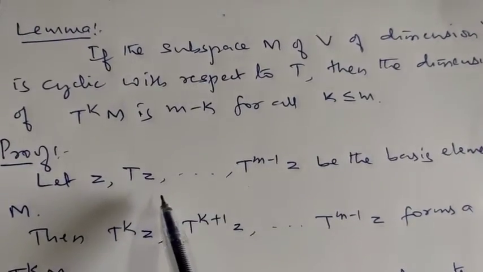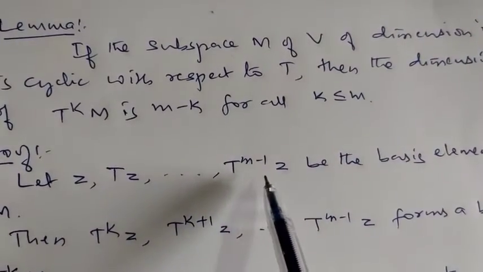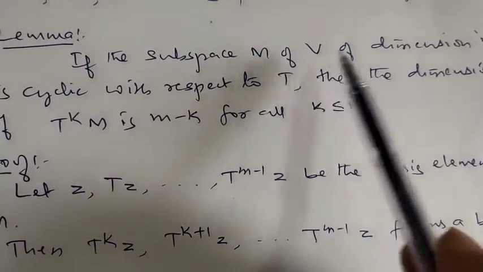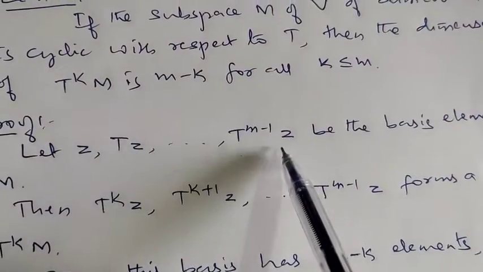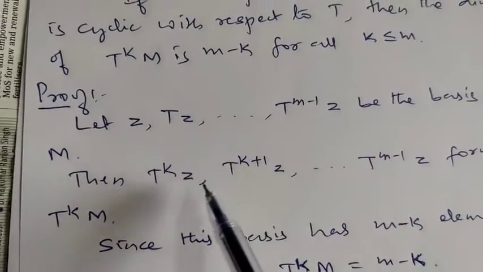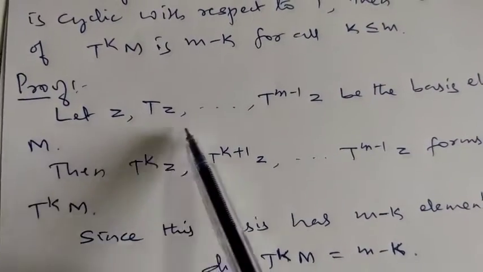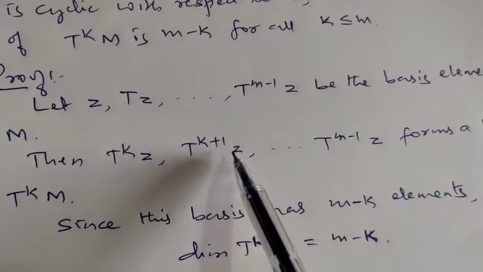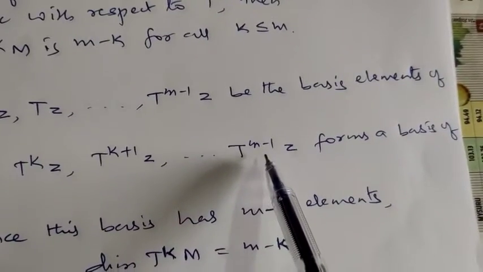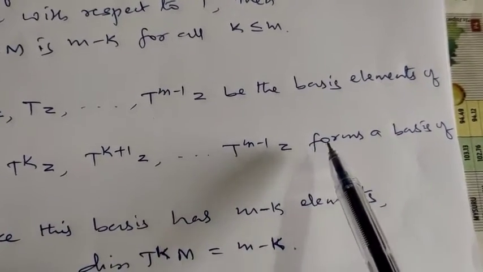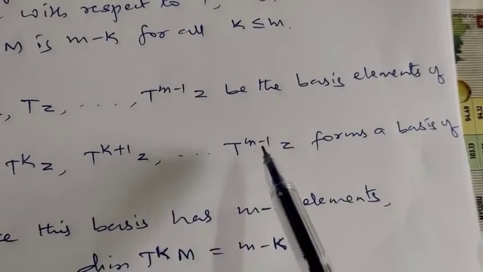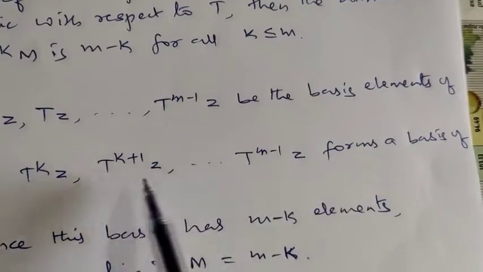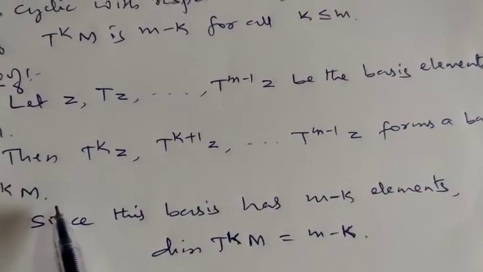Let z, Tz, etc., T to the power m minus 1 of z be the basis elements of M, because M is of dimension m. So these are m basis elements for M. Then multiply all these elements by T to the power k: T^k(z), T^(k+1)(z), etc., up to T^(m-1)(z). Next, T^m(z) comes, which becomes 0. So this only forms a basis of T^k(M).